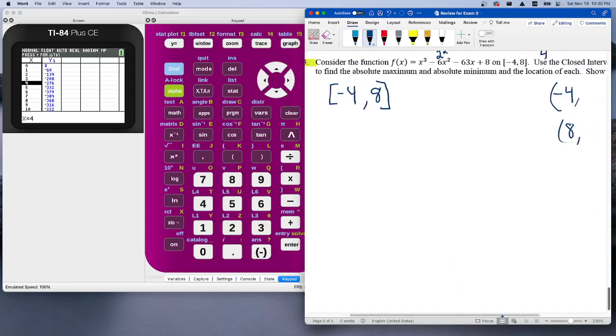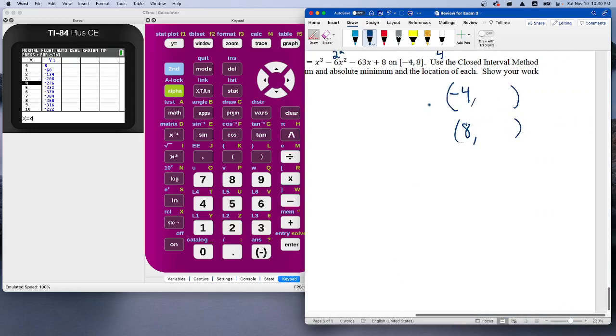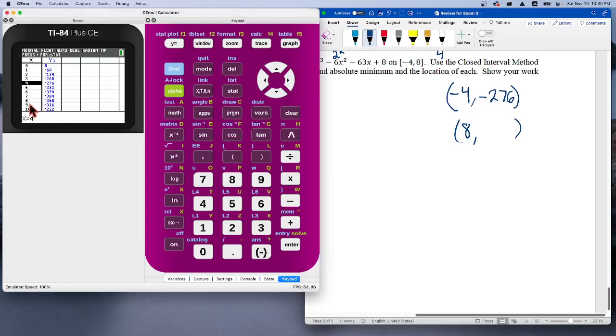And I can see that's actually not going to be an absolute minimum because it gets smaller after that. And then at 8, let's come over here, go down.